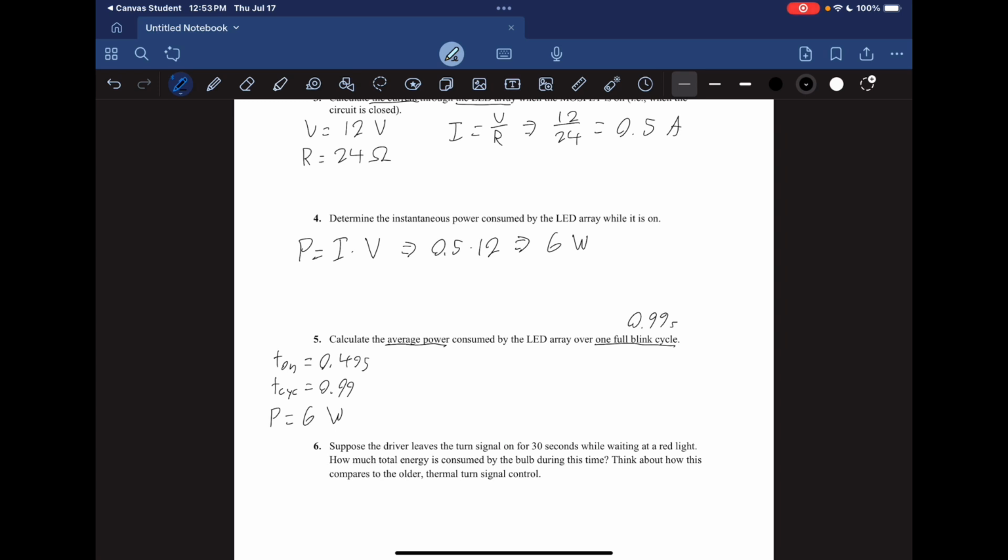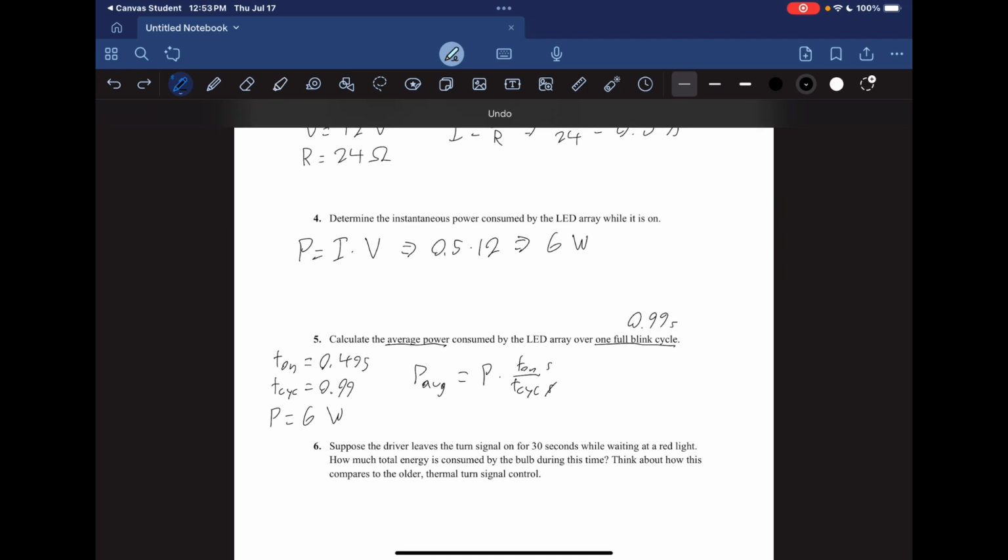And we'll use the same equation we used earlier, where average power equals power times time on divided by the time of the cycle. And you'll notice with this equation that this has units of seconds, this has units of seconds. So the 2 seconds cancel each other out, and we're left with average power having the same units as power, which is exactly what we want.